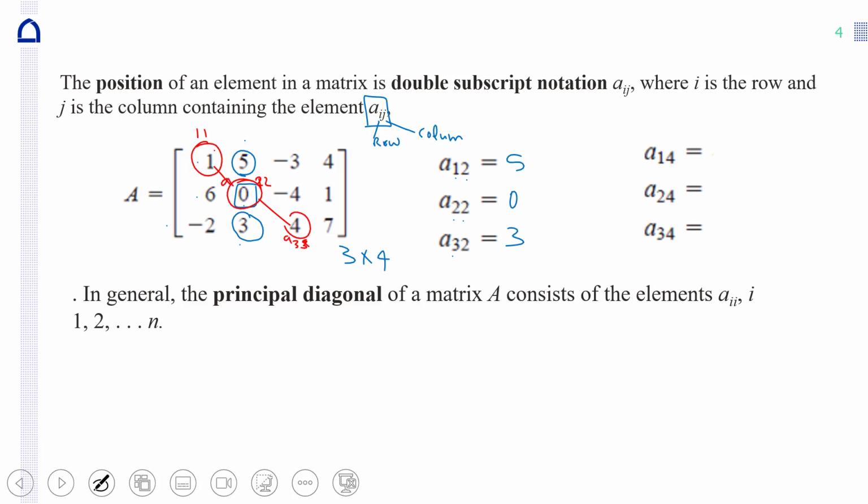So this is A11, this is A22. The principal diagonal comes from the left: A11, A22, A33. So the main diagonal has 1, 0, and 3.